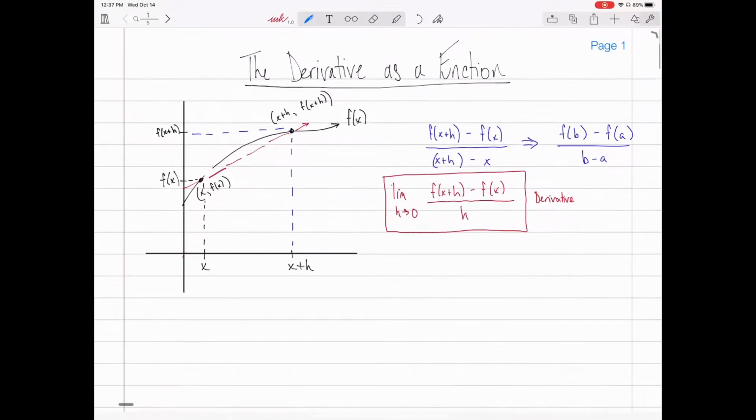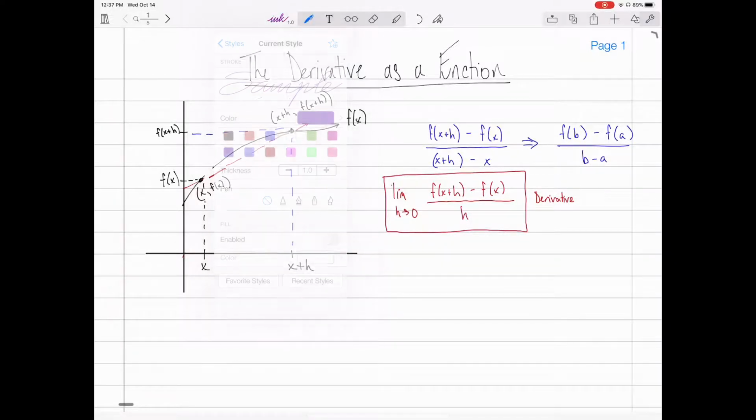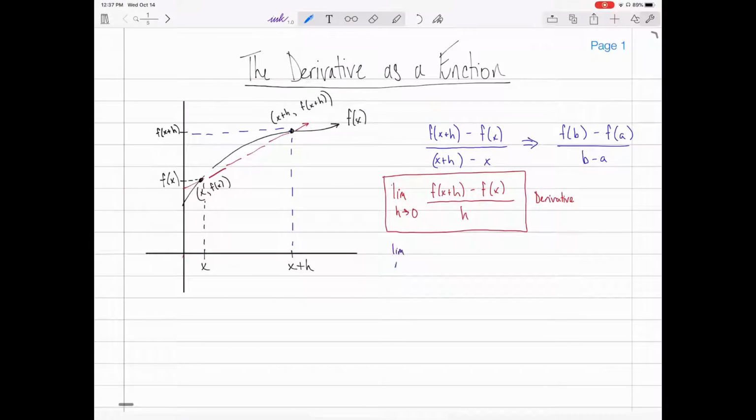All right. So there are several ways to write this. Another way you might see it written would be, let me use a different color here, the limit as delta x approaches 0 of f of x plus delta x minus f of x over delta x.